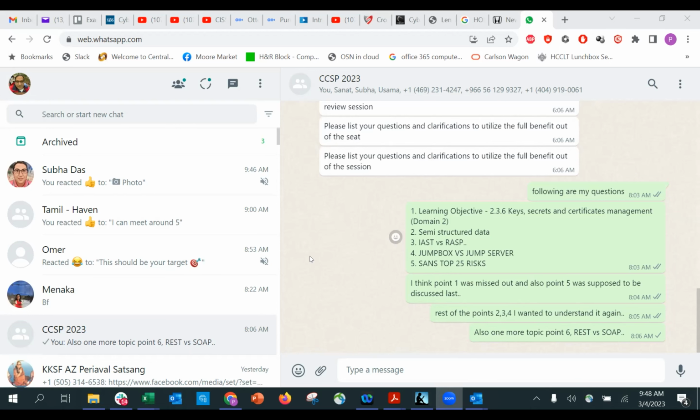In the unstructured, these are data which are independent of each other, and usually you will hear unstructured data when you are speaking about object storage. Data will be stored as object storage. What does it mean?